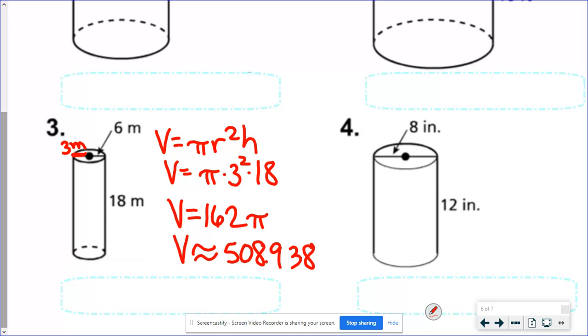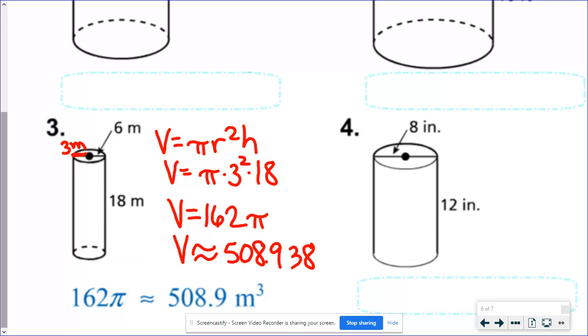Would this be a 0.9 or would it round up? Well, that 3 is not enough to make it round up. So that means this is going to be 508.9 cubic meters.